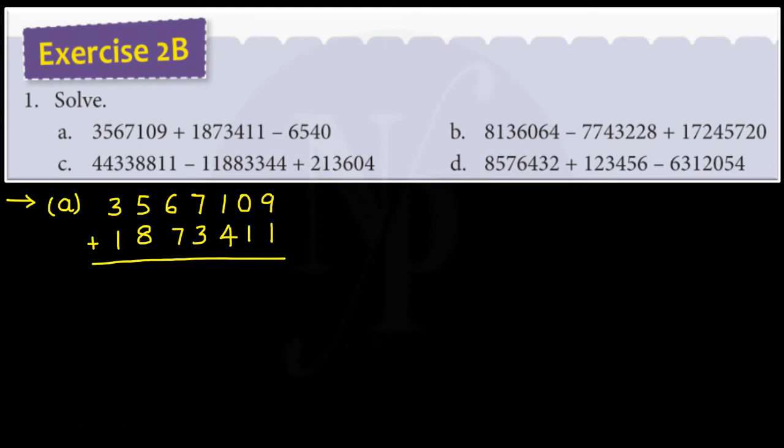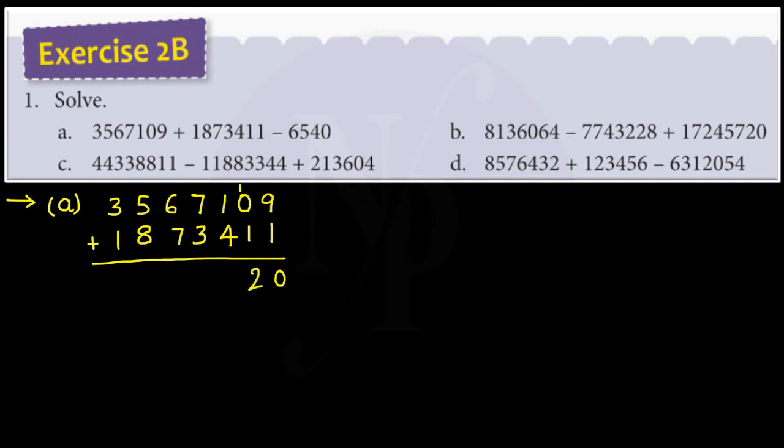9 ones plus 1 one will become 10 ones. 10 ones can be regrouped as 0 ones and 1 ten, and let us carry forward 1 ten to the tens place, and 1 ten plus 0 tens is 1 ten, 1 ten plus 1 ten is 2 tens.